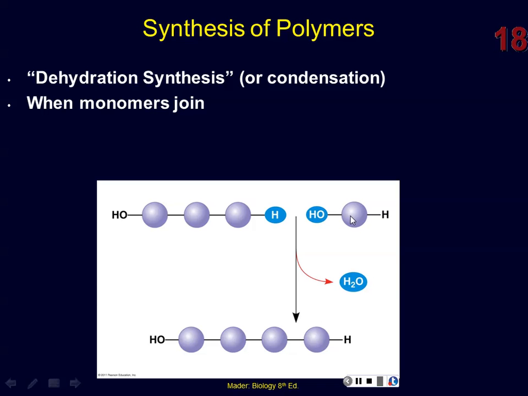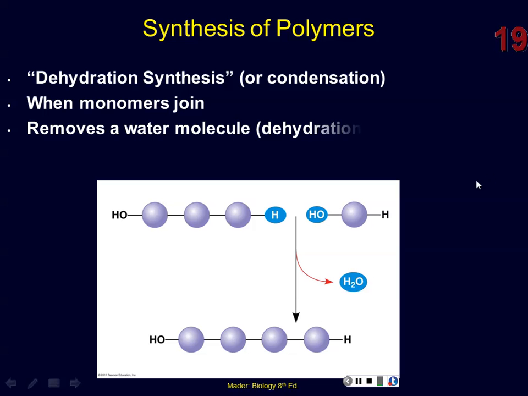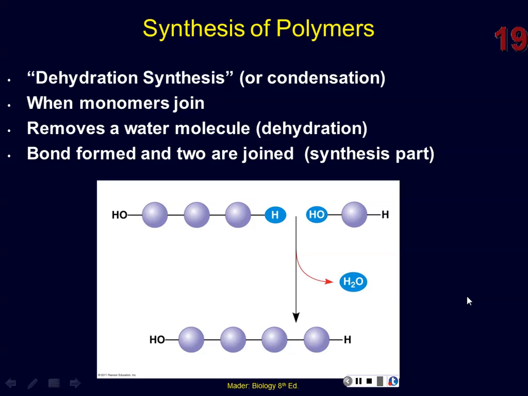If I'm going to join this monomer to this polymer, I'm going to remove a water molecule. The OH comes off that monomer, the H comes off that end, they join together and form a water molecule, and where they once existed, we now have a bond formed.